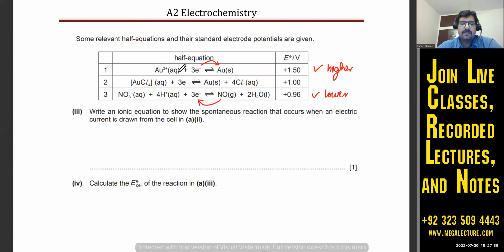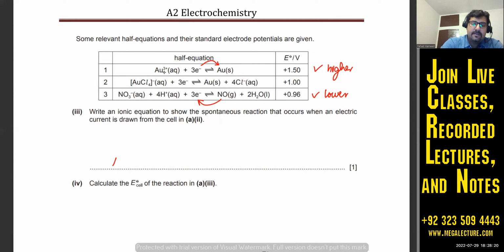You didn't have AuCl4 minus, so this equation is not relevant at the moment. He's specifically talking about the cell when an electric current is drawn, when the cell starts working. That means the cell is working, right? So this is one electrode, this is the other electrode, higher gains, lower loses, right? And the electrons are already balanced, so you just have to add up the reactants.